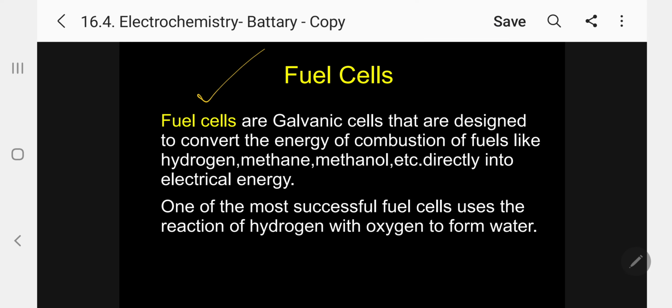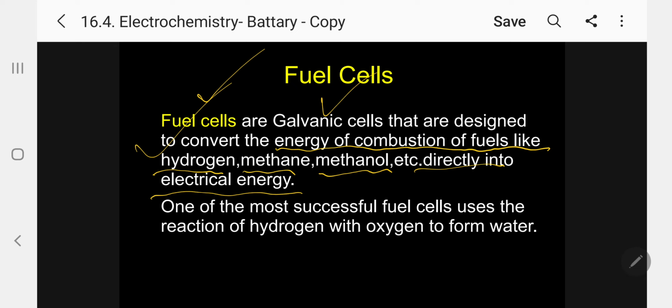Fuel cells are galvanic cells that are designed to convert the energy of combustion of fuels like hydrogen, methane, methanol, etc. directly into electrical energy. So we can convert chemicals into electrical energy.